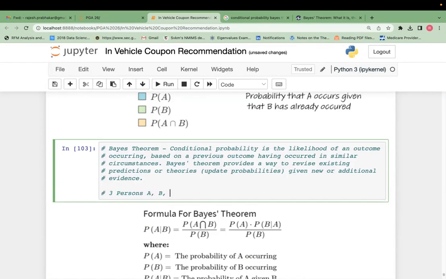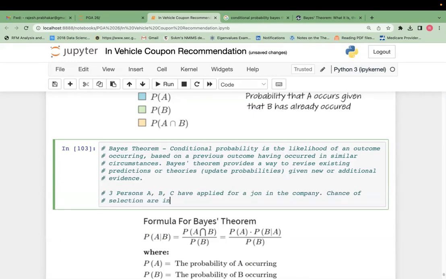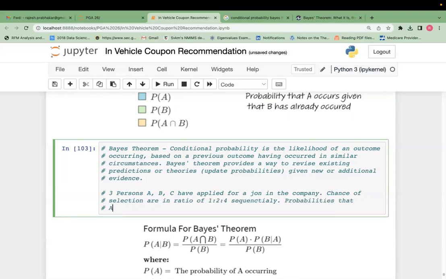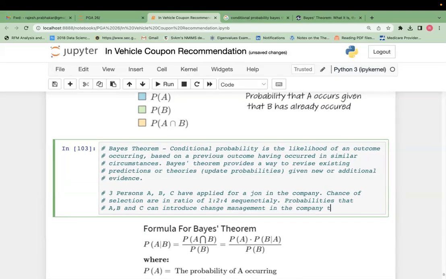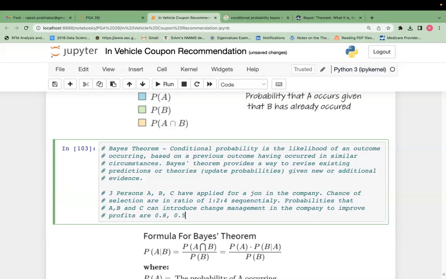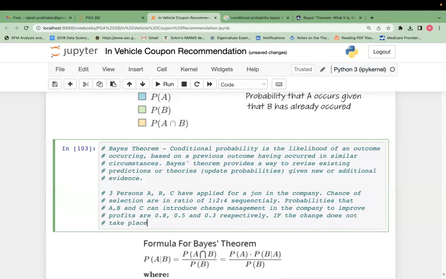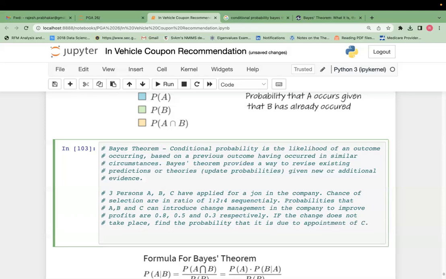Three people A, B, and C have applied for a job in the company, and their chances of selection are in the ratio of 1:2:4.